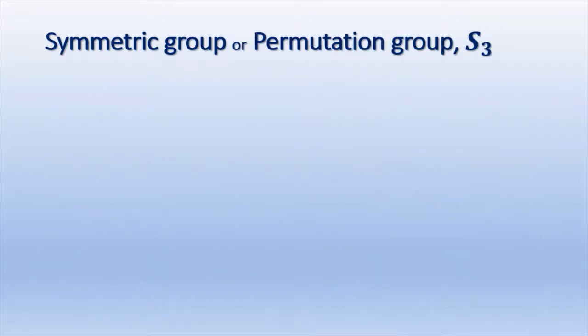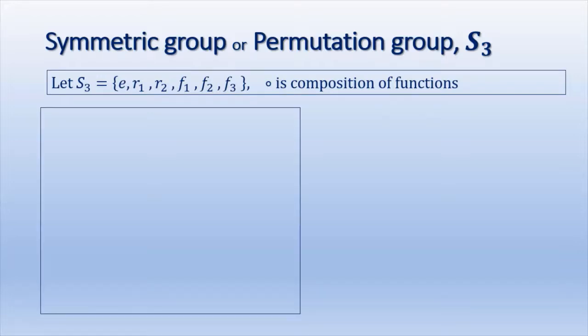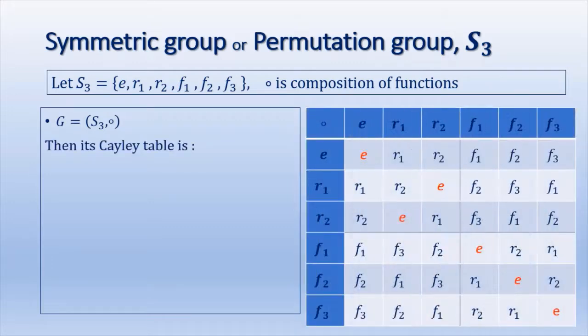So this permutation group S3 will have the Cayley table like this. So the Cayley table of S3 is filled like this. You have to do all the 36 compositions of functions and fill this table.